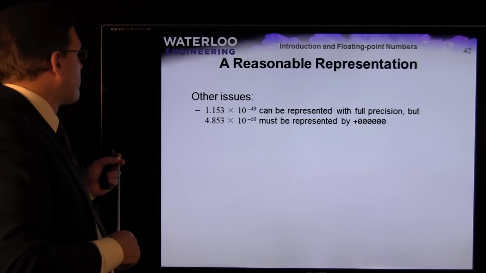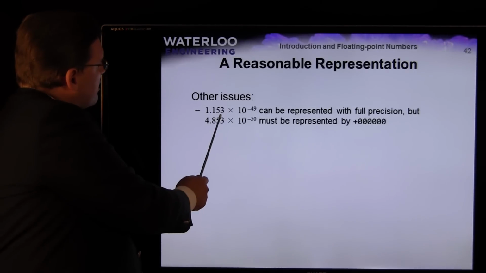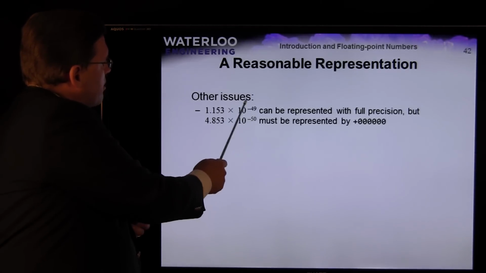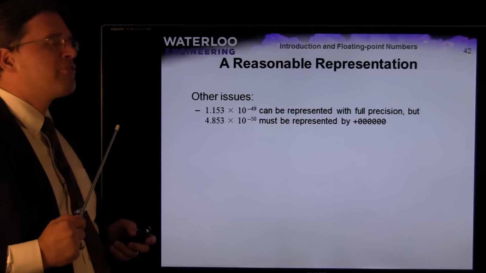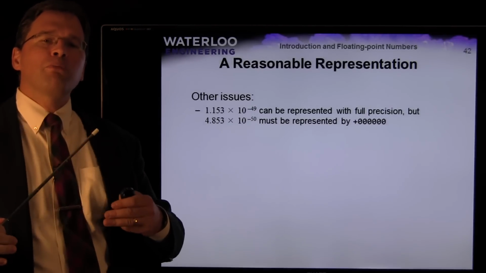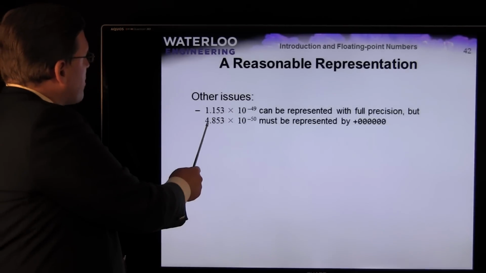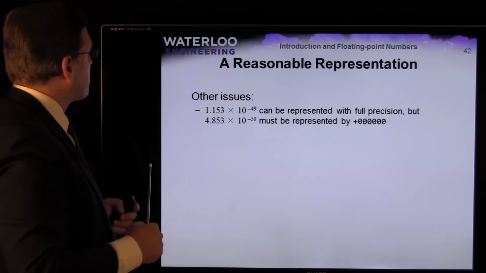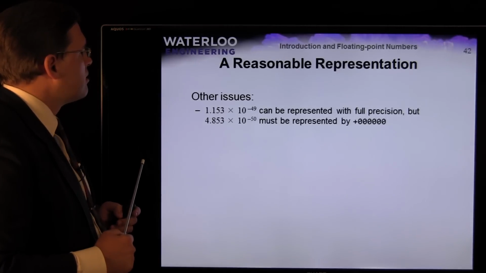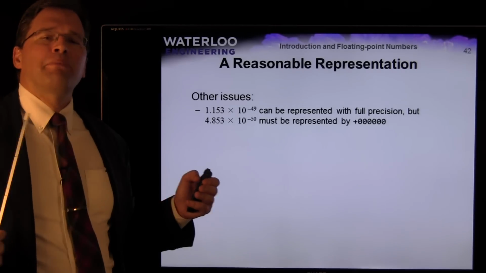There are other issues. Notice that if I take this value here, that value can be represented with absolute full precision using our representation. But here's a number that's only half of the previous number, approximately, and yet that must be represented by 0.